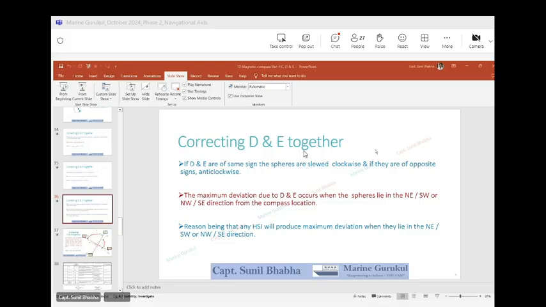And second is the total compass correction, full procedure right from beginning to end. Till now we have seen the correction of all the coefficients individually. Tomorrow we are going to see how a compass adjuster does the total compass correction, the entire procedure right from beginning to end.